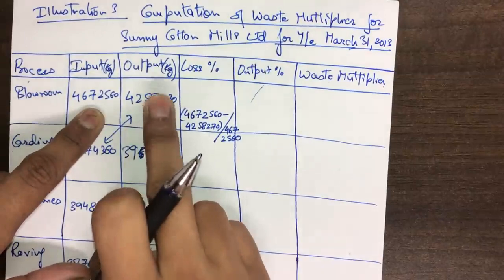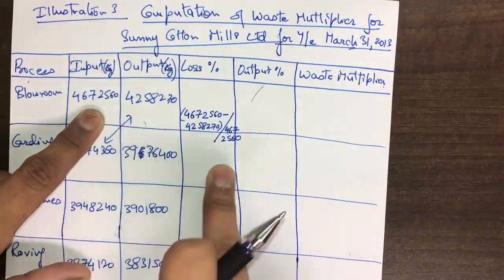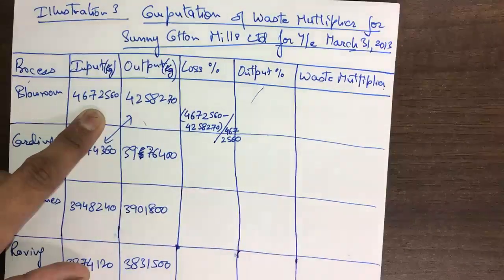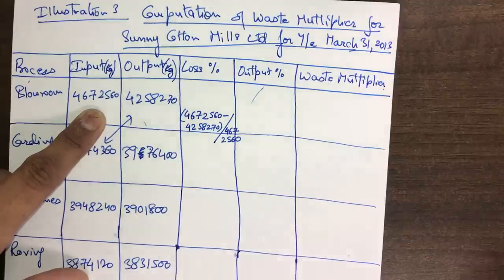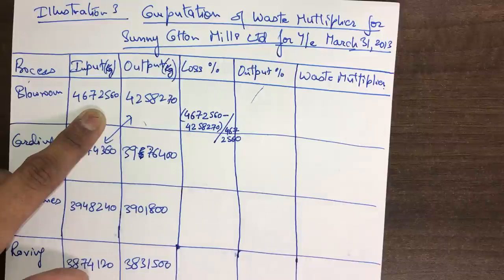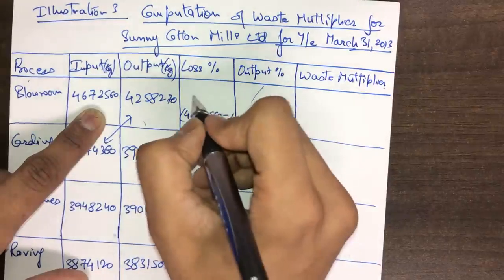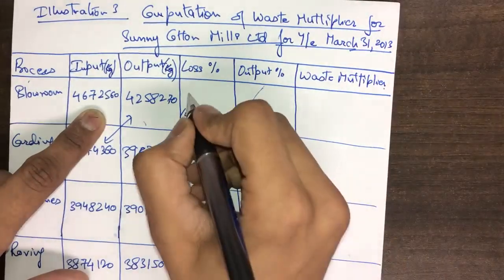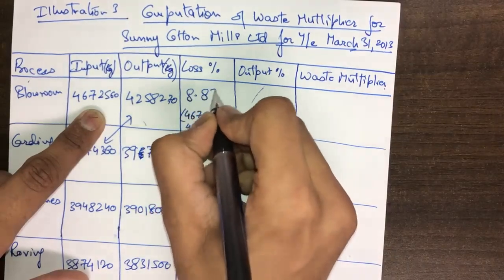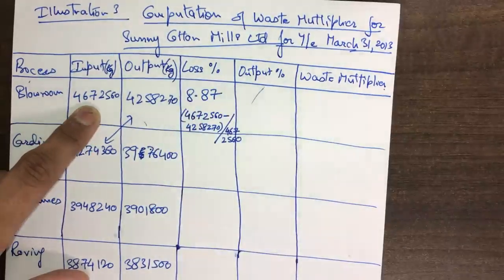Input minus output divided by input is the loss percentage. Yes, sir. We have done this in Inter and we know how to calculate the loss percentage. 8.87.